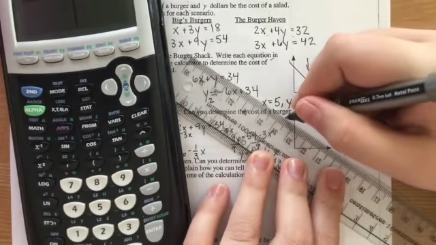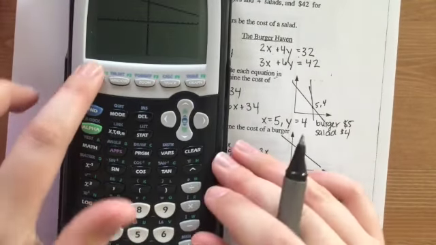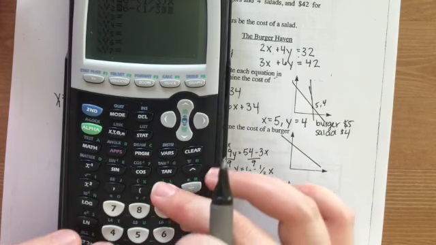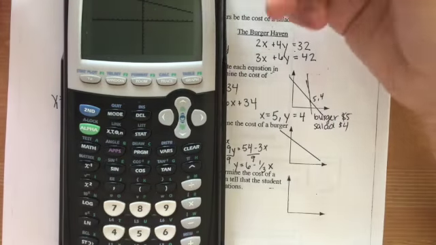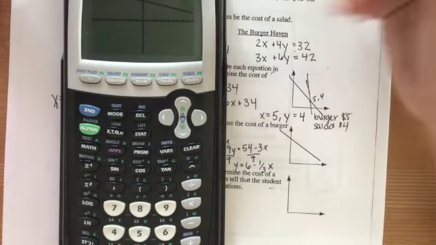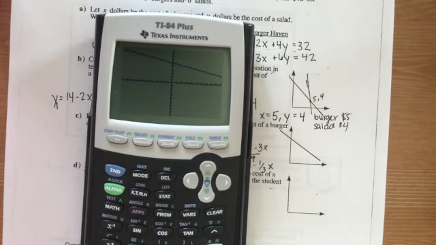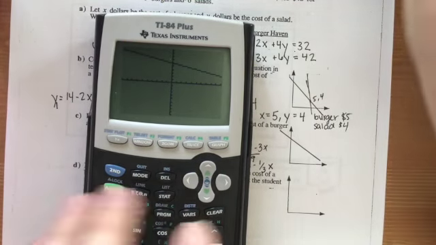Now, if I were to graph both of these, I can even try. They both have the same equation, 6 minus 1/3 x. Now, I'm not going to see a difference on my graphing calculator. It's drawing the graphs totally over top of each other. And so it says, can you determine the cost of a burger and a salad?